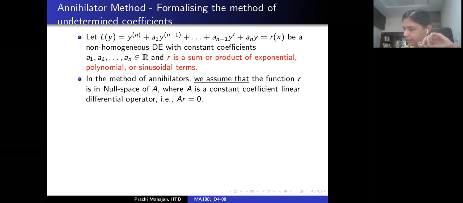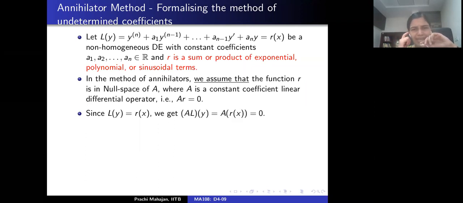This method works on the basis that one is always able to find a constant coefficient differential operator A such that R belongs to the null space of this operator A. Now, what are we required to solve? We are required to find a particular solution of this non-homogeneous differential equation, y satisfying Ly equal to R(x).